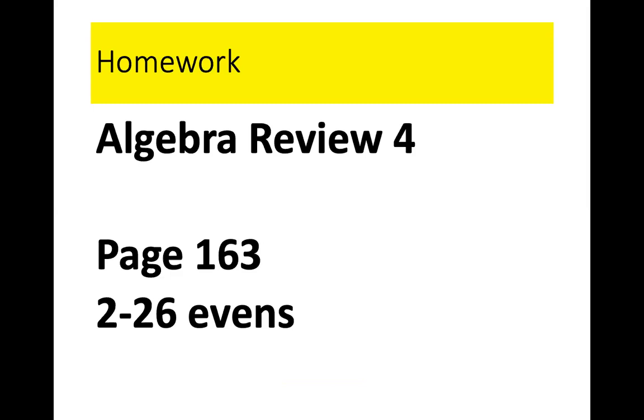So we rewrite this: 4y squared minus 12y minus 5y plus 15, because that would add up to negative 17. All I did was rewrite it. Then you put parentheses and factor.